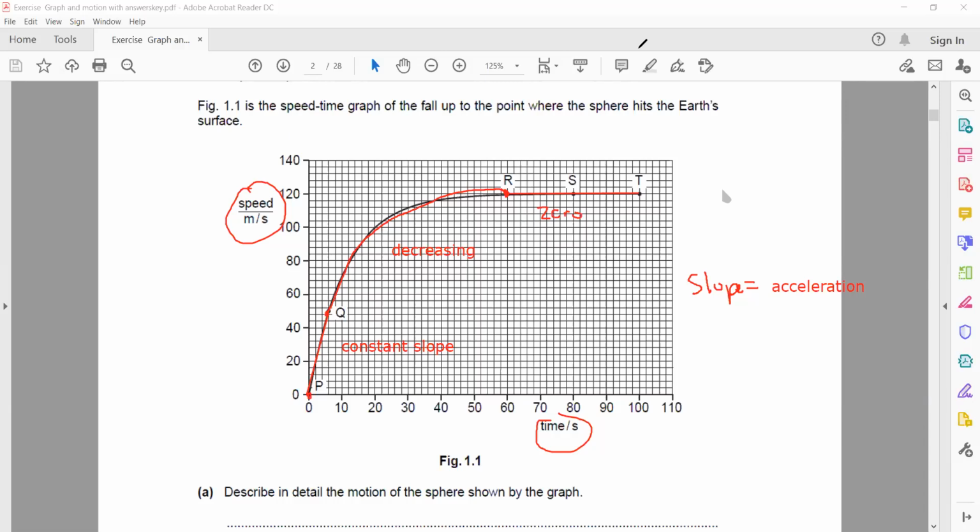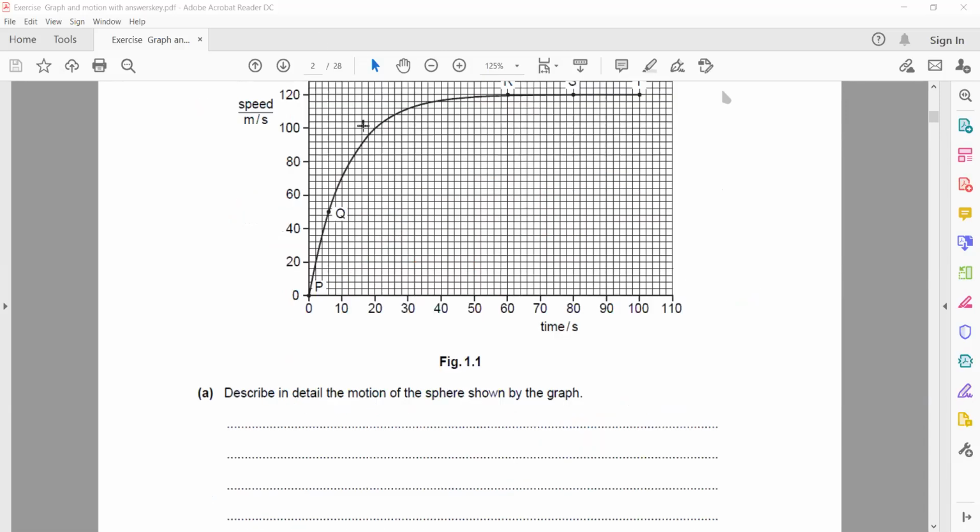So how do you explain the motion, or how do you write the answer for this type of question? From P to Q, it moves with constant acceleration because the slope is constant.